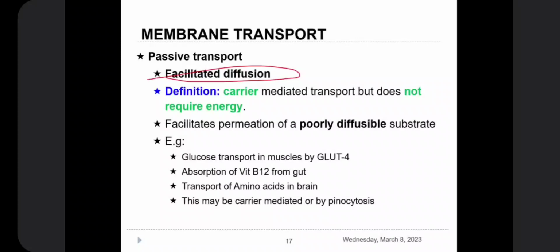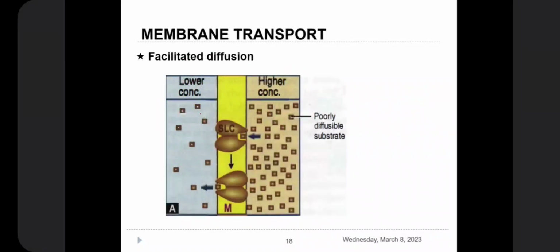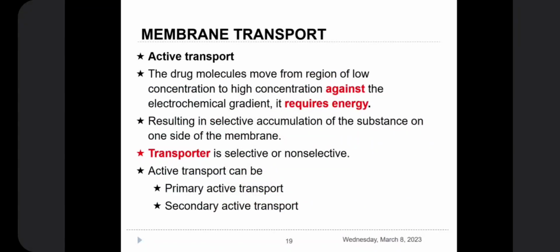Facilitated diffusion. This figure is about facilitated diffusion. You can see a carrier helps this diffusion from the high concentration to the low concentration. Yeah, this is facilitated. Next one, active transport.